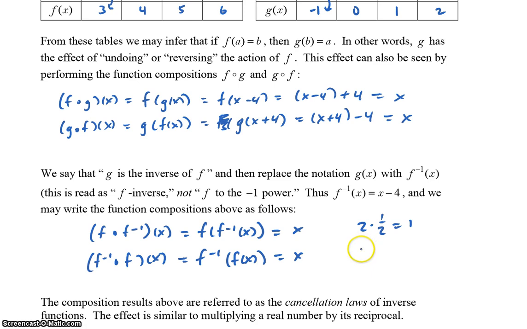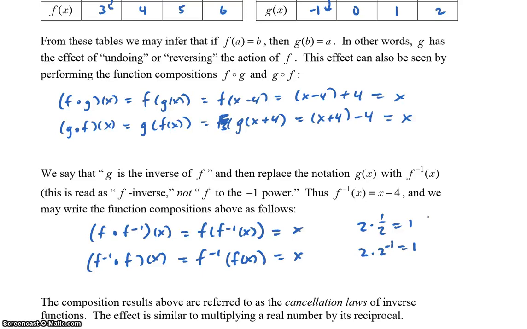In this situation, we can write 1/2 as 2 to the negative 1 power. And here the negative 1 is understood as an exponent, and 2 to the negative 1 represents the reciprocal of 2.